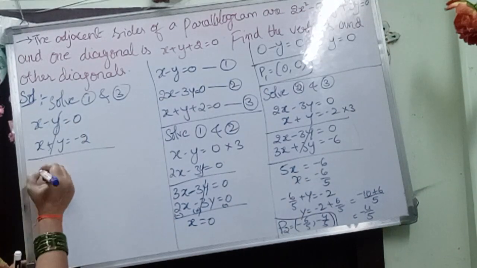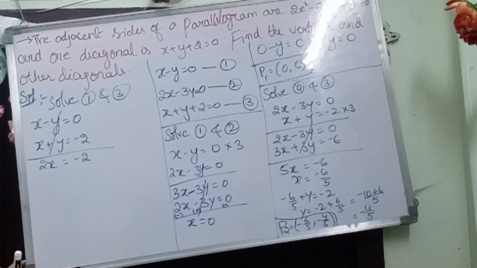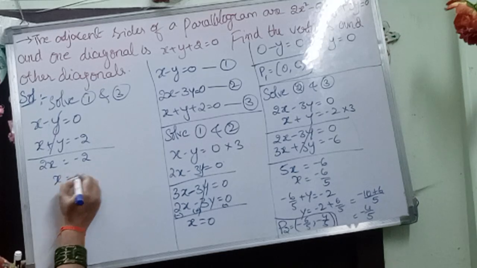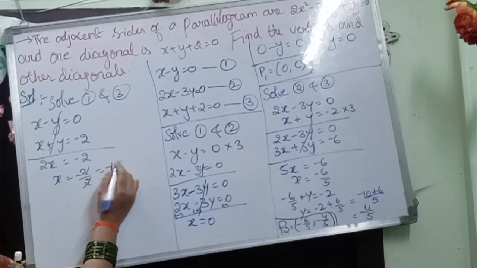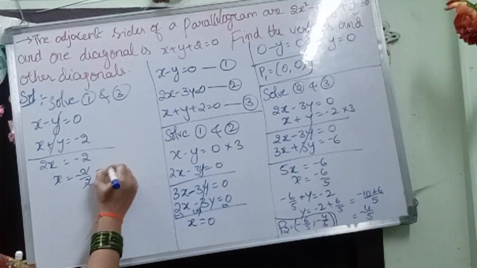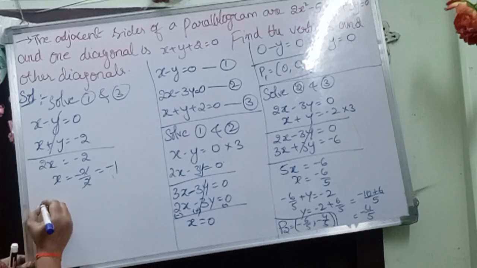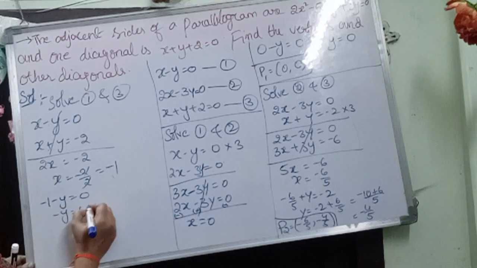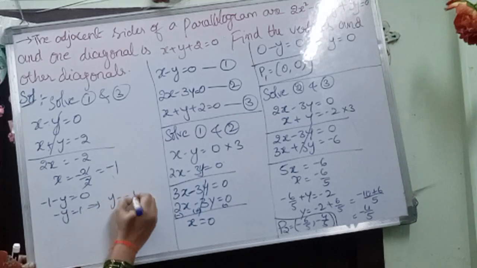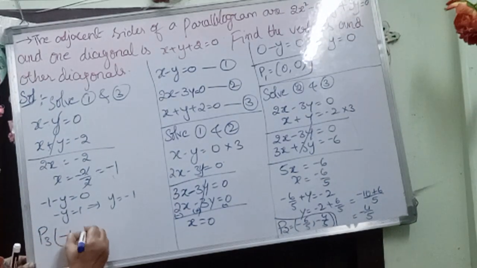What remains? x plus x, that is 2x = -2, so x = -2/2 = -1. Substitute the x value in either equation: -1 - y = 0, so -y = 1, which implies y = -1. So what is the point P3? It is (-1, -1).